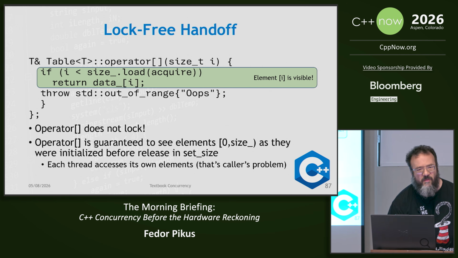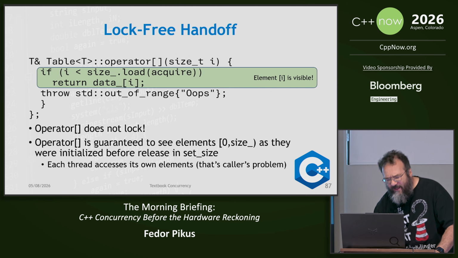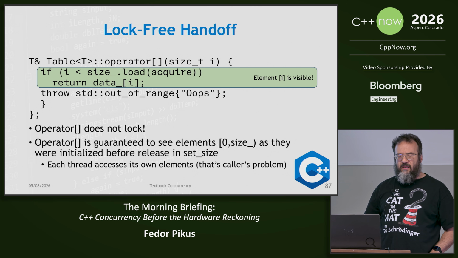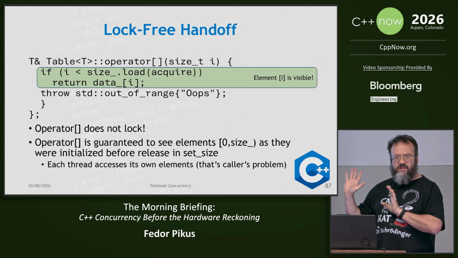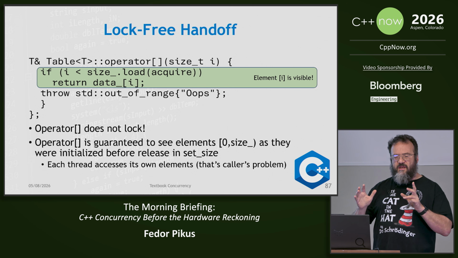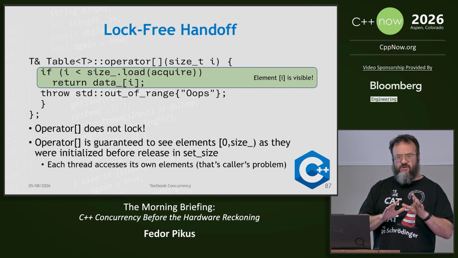Yes? So you are returning a reference, right? So for this operator, when you return the data, outside someone can... Client-side synchronization is a client-side problem, yeah. We're assuming that every thread has some way to arrange exclusive access to certain elements.